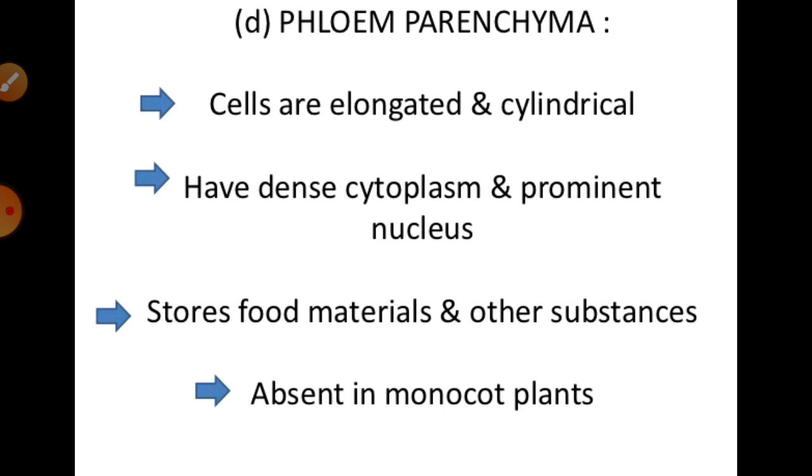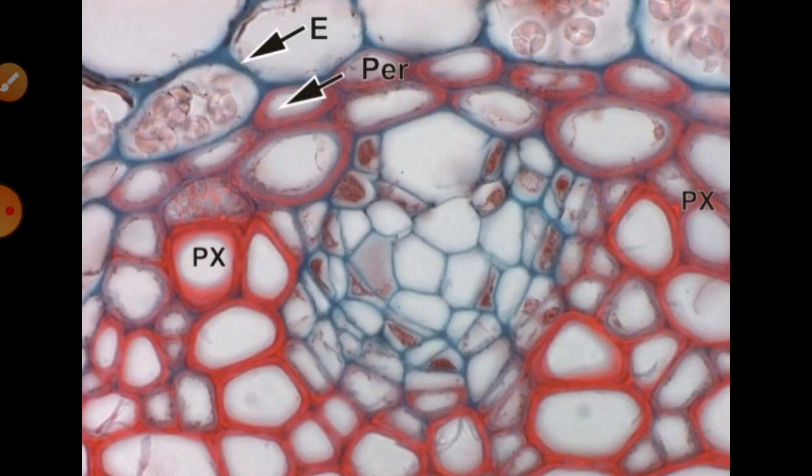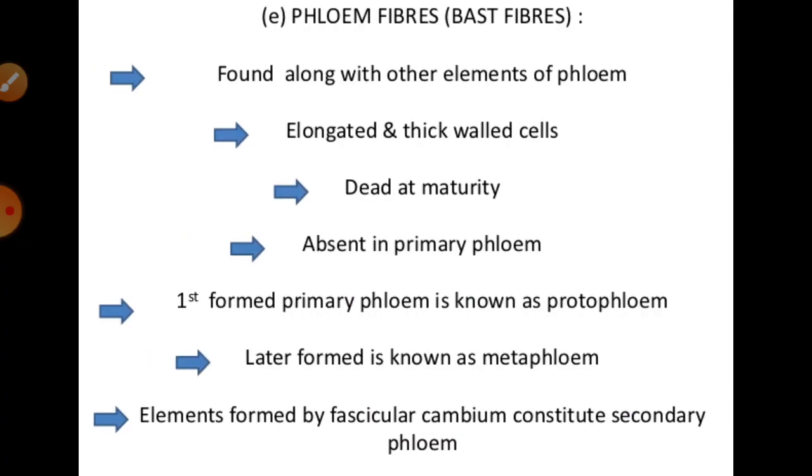And the last topic of this complex permanent tissue is the phloem fibers or the bast fibers, right? Especially these are made up of sclerenchymatous tissue cells. As you know, we have talked about simple permanent tissue, in which we discussed collenchyma, parenchyma, sclerenchyma.